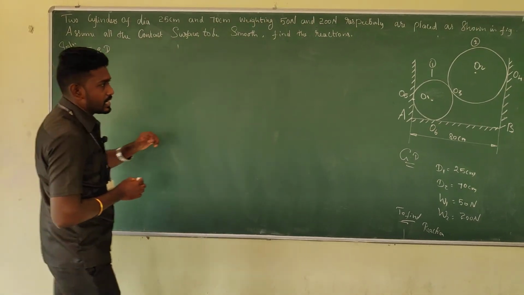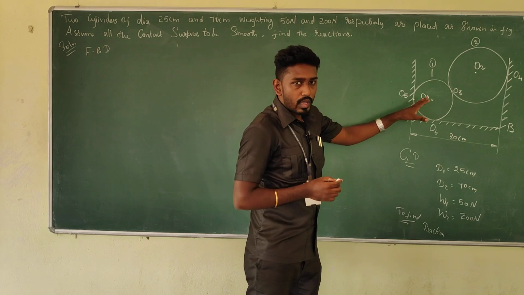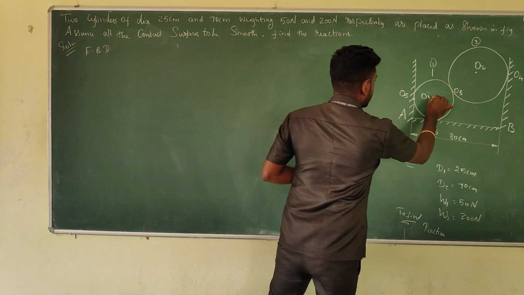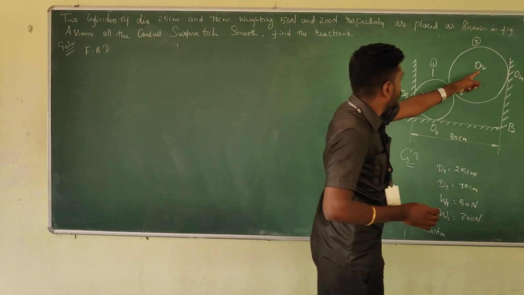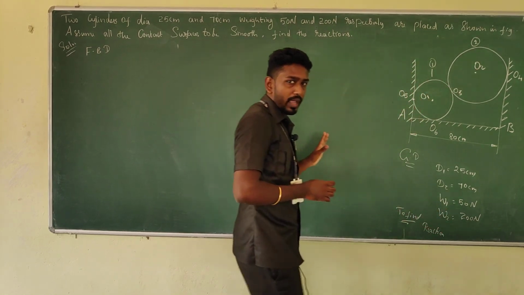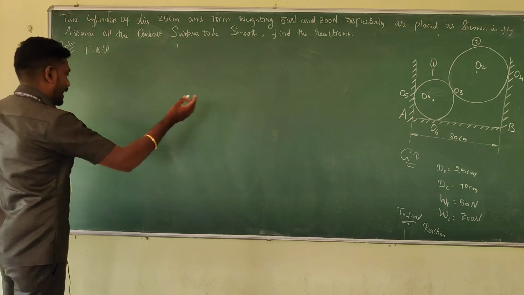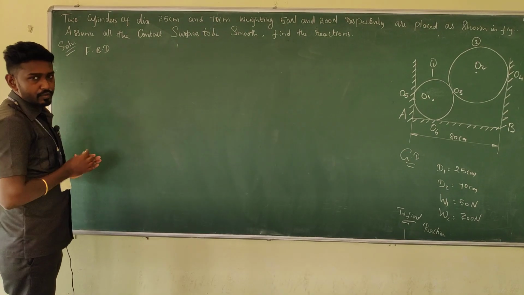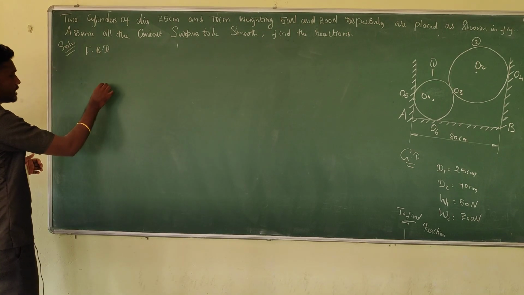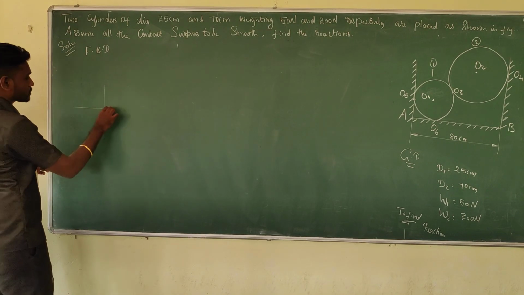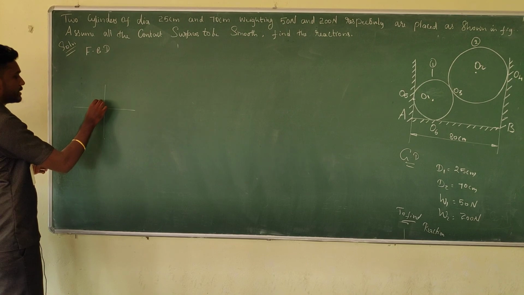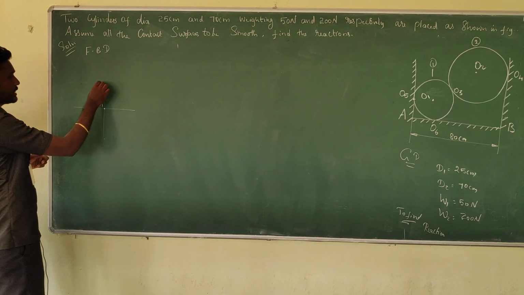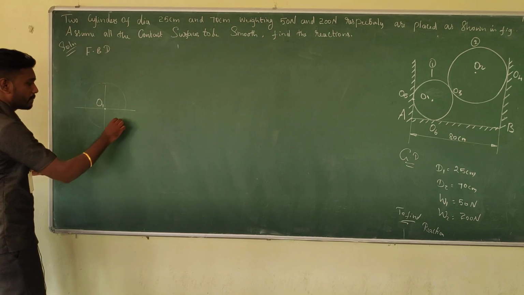For that, see here, two cylinders are there. One cylinder's center is represented as O1 and the second one as O2. Always in this system there is a concurrent force. So through the first cylinder center I am going to have the cross line O1, and this is how the cylinder will be.